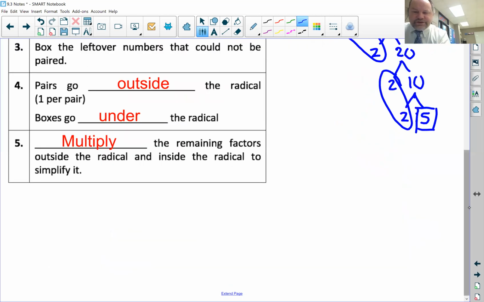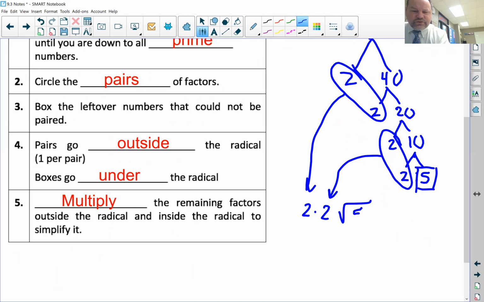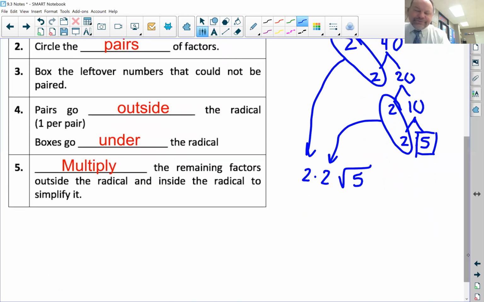So that's going to go inside the radical. So my answer is going to be 2 times 2. So 1, 2 comes from this pair. 1, 2 comes from this pair. And underneath the square root, I just have that 5. So 2 times 2 is 4, square root 5.